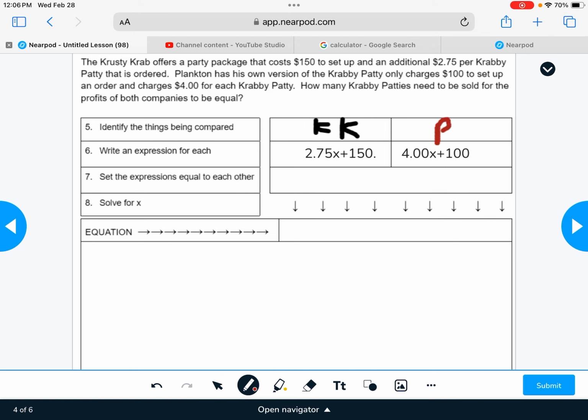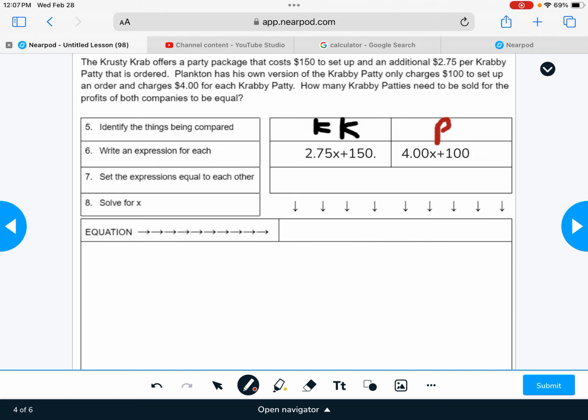And the reason for that is because your slope is a description of the rate of change. It means how much more are you earning for one more of that same item. It's what rate is going to make your profits increase faster. That means that this is going to be a steeper line. Why is that important? Well, because he's charging less for that party setup. He's targeting people that aren't going to have a lot of people at that party. He's going for the small groups that are coming.